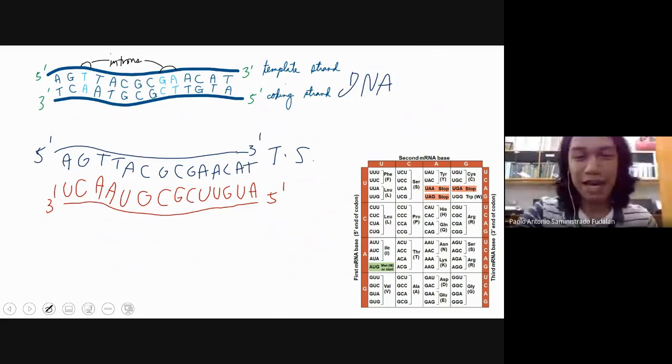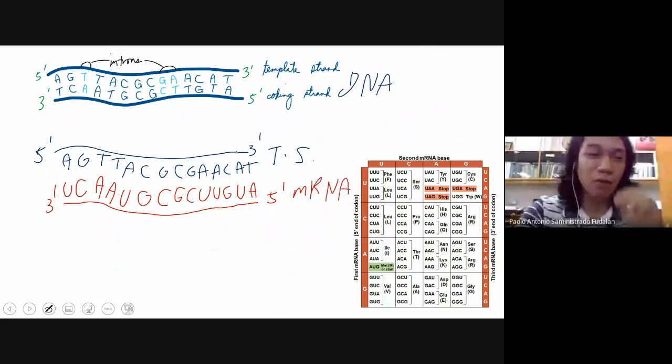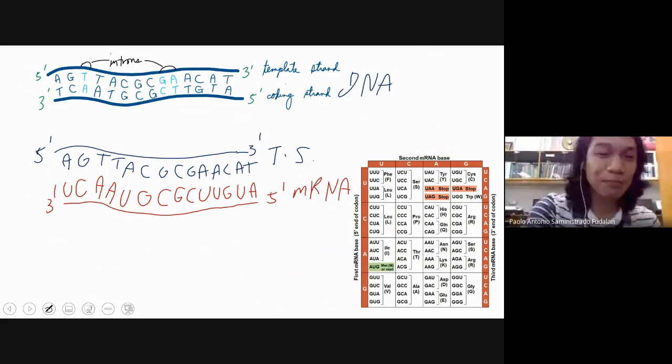But there are still introns to be removed. What needs to be removed? So dapat ito mawala muna yan. That's an intron. Look at this on top. And then G and C and U here should be removed.